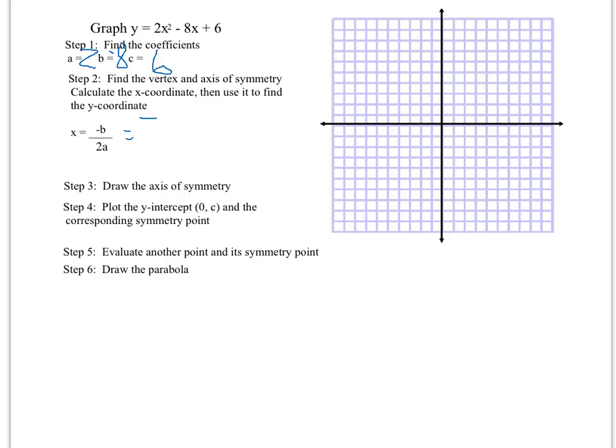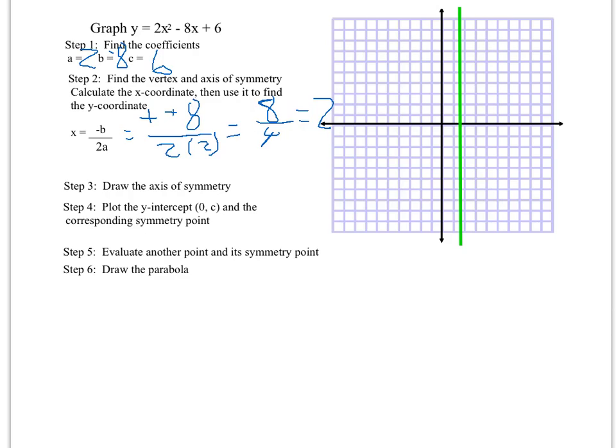Now we bring in our value of b, which is negative 8, divided by 2a, or in this case 2 times 2. So we want to simplify that out. A negative times a negative will be positive 8 over 4. So now we can simplify that down to 2. So our x-coordinate will be 2.